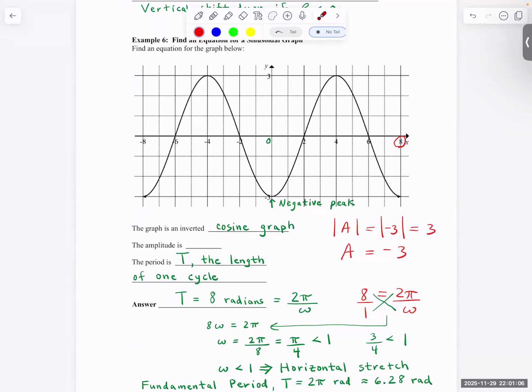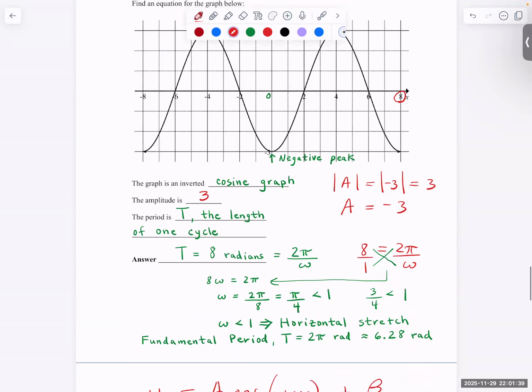So the amplitude is the absolute value of A, which gives +3. And because of the reflection, A must be -3. But the amplitude is 3, which is the absolute value of A. The period is T. The length of one cycle is 8 radians.